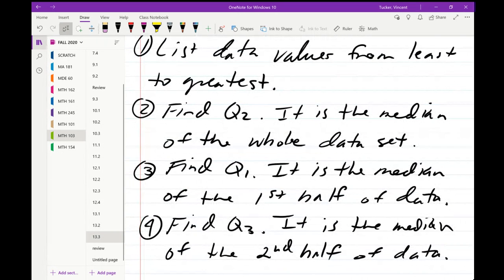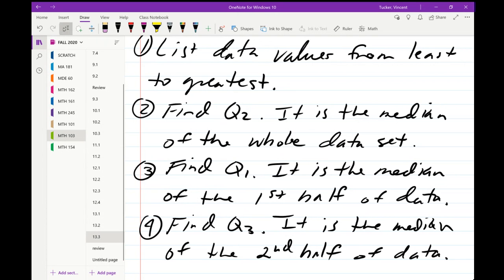Then you'll find Q1. That's going to be the median of the first half of data. Finally, we'll find Q3, which is the median of the second half of data. So all you're finding are medians.